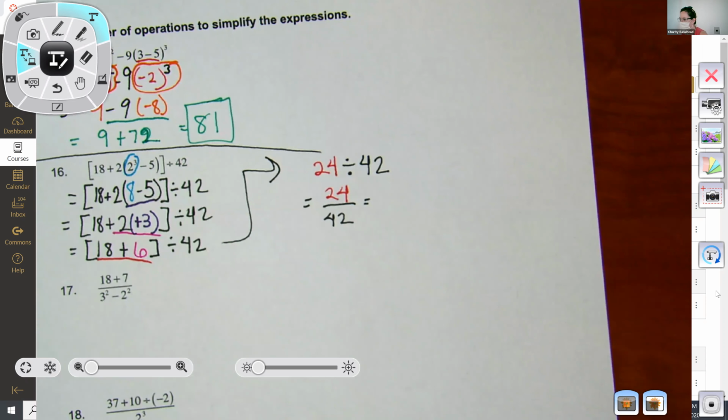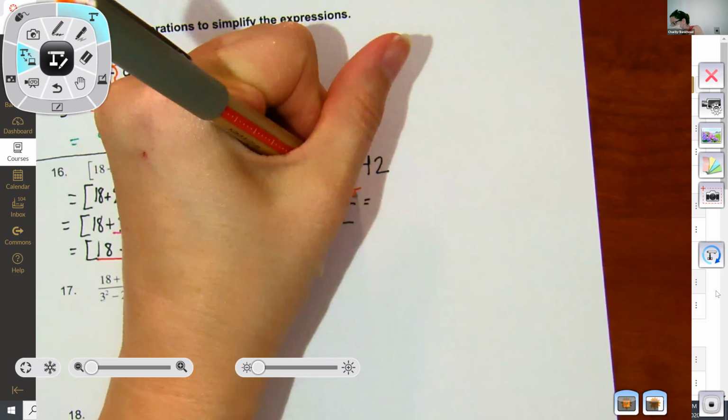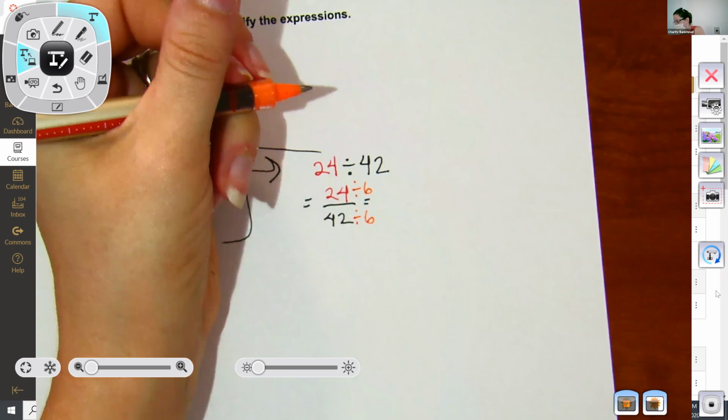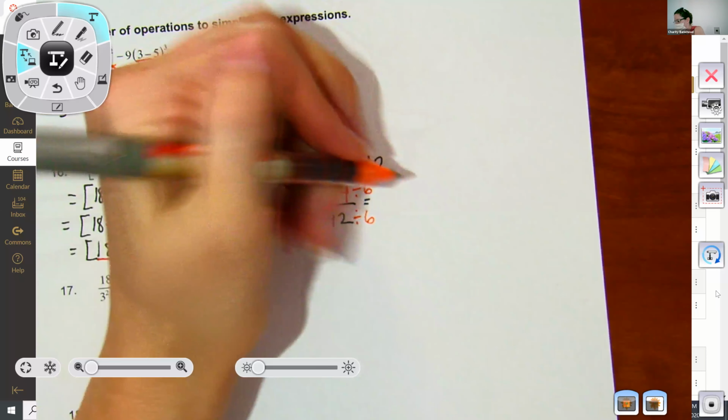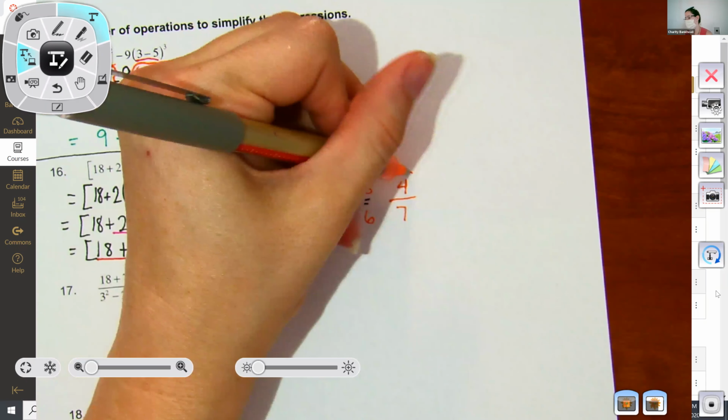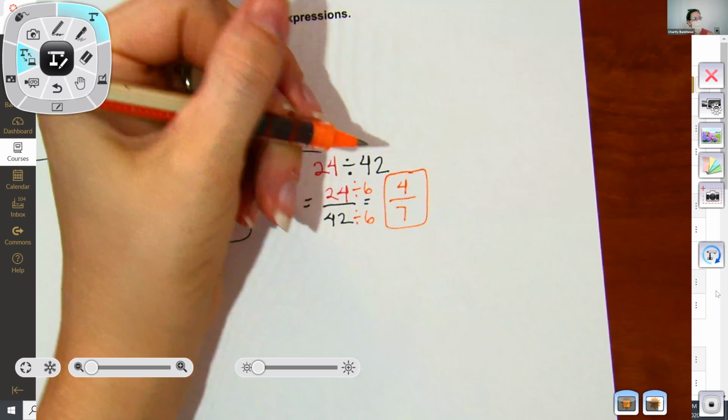So I could divide by 3 or 6. Yes, I can divide by 6. All right, so if we divide both of these by 6, then 24 divided by 6 is 4, and 42 divided by 6 is 7. So 4 over 7 is my final answer.